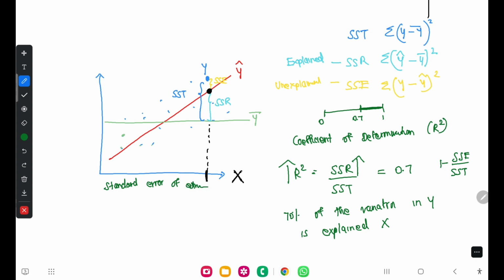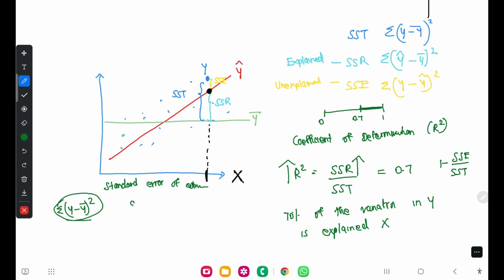Standard error of estimate is basically like the standard deviation. So as I told before, how do we find the standard deviation? The actual Y minus the mean Y, to the power 2, summed, divided by the degrees of freedom. Likewise here also, instead of writing this, what can I write now?